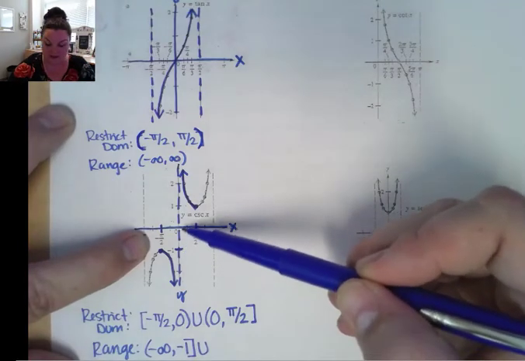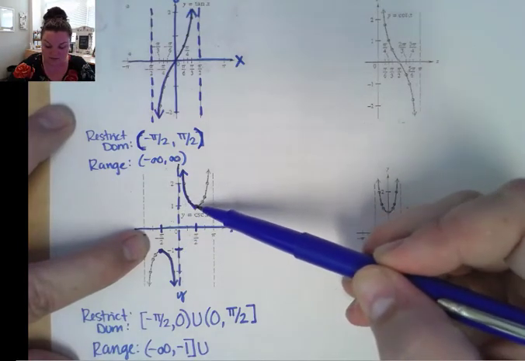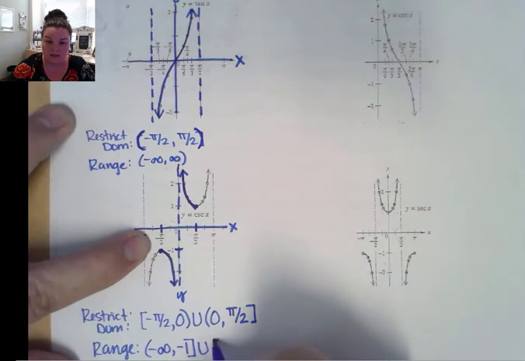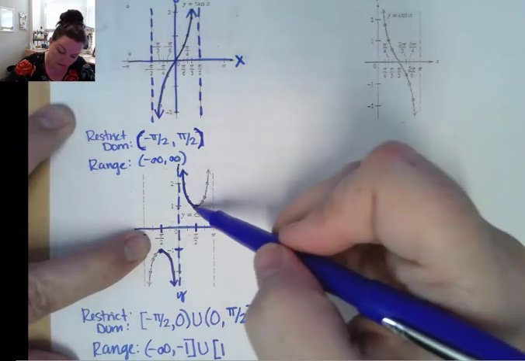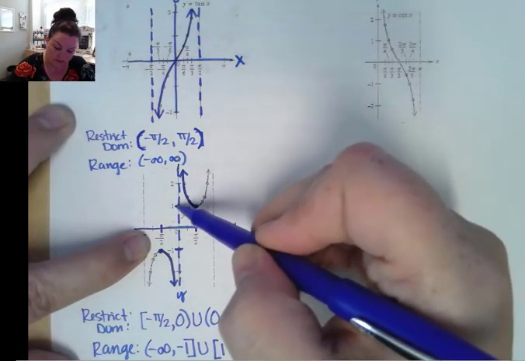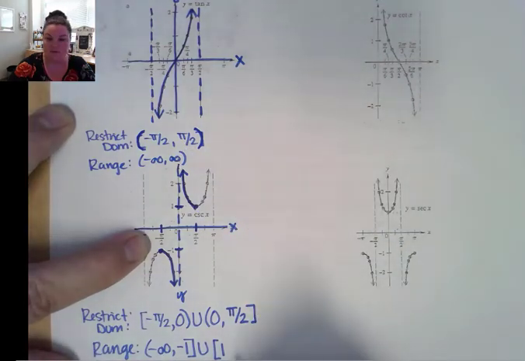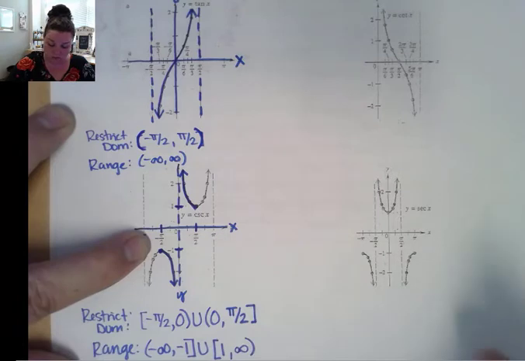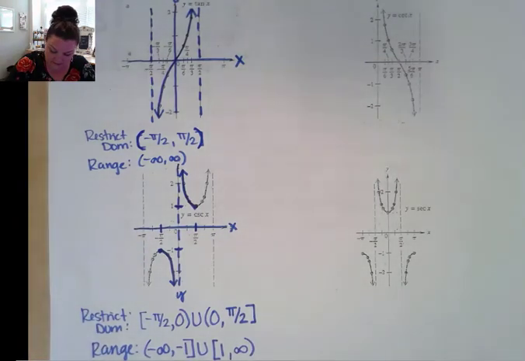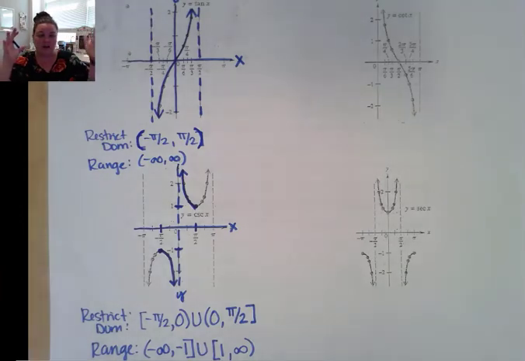And then I don't have any y values from -1 to 1, but it does pick up again at 1, and then from 1 it's going to shoot on up to infinity on our y-axis. All right, so there's our domain restriction, -π/2 to π/2 minus the asymptote in the middle. And then our range is everything from -1 down and everything from 1 up.